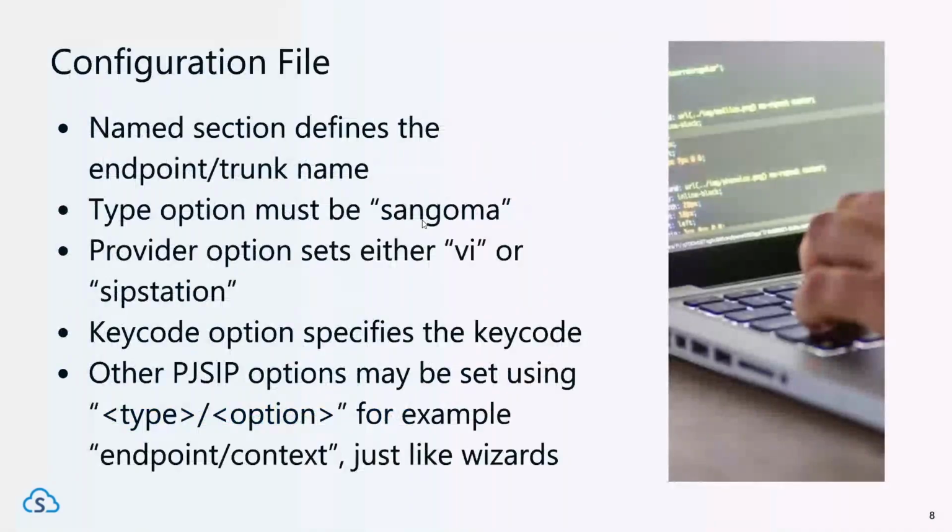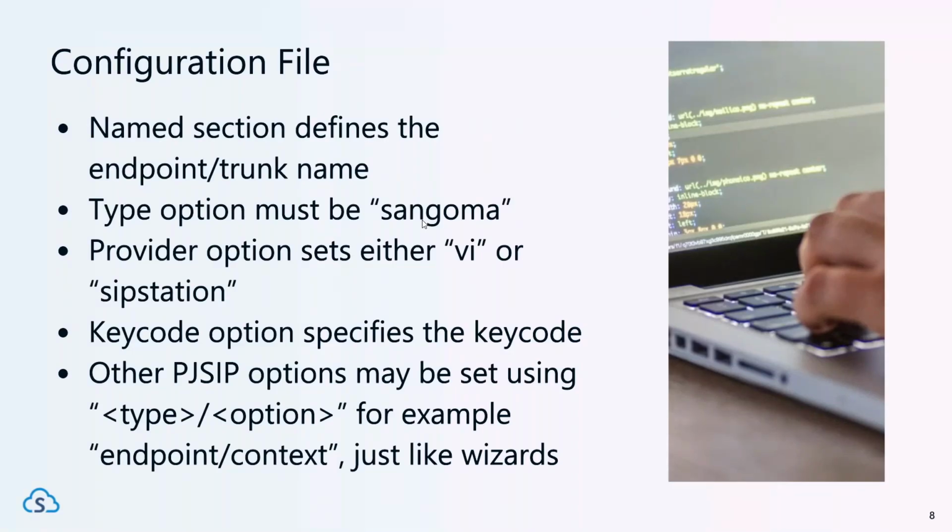So the configuration file, the name section defines the endpoint/trunk name. As I go through this, it's kind of like using a PJSIP wizard. It's actually built underneath on the same code and implementation. So you define an endpoint trunk and name, you define a type, which is Sangoma.